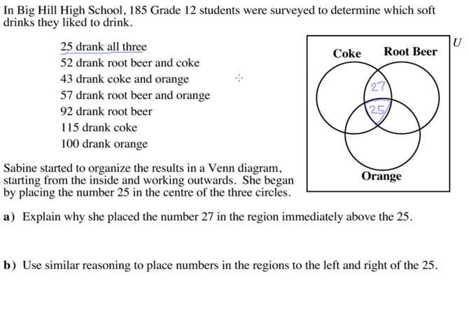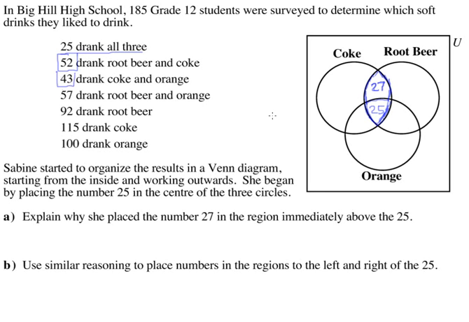What's happening is she's working from the center out, which is the right thing to do, and this 52 tells you there are 52 people who drink root beer and Coke. Root beer and Coke people are in this lenticular or football shape right here, and there have to be a grand total of 52 of them in there. So 25 of them are already accounted for. 52 minus 25 tells us we need 27 more people in that shape, and so that's why she put that there. We can do that 2 more times.